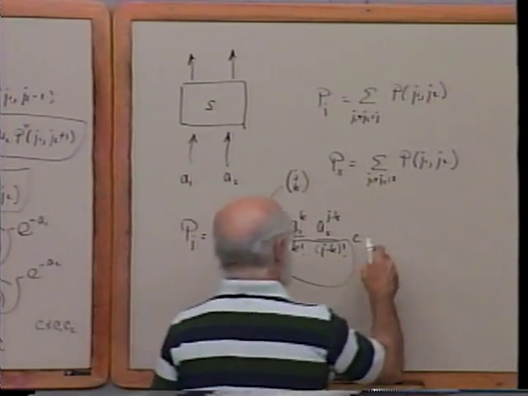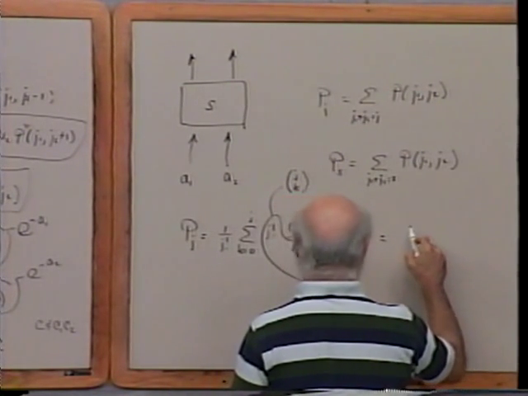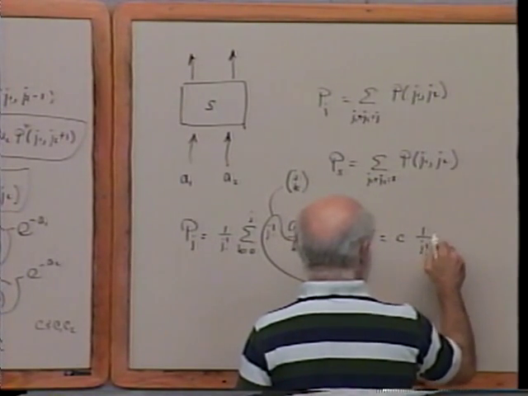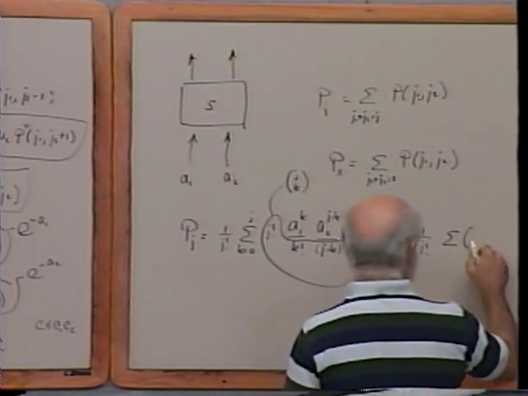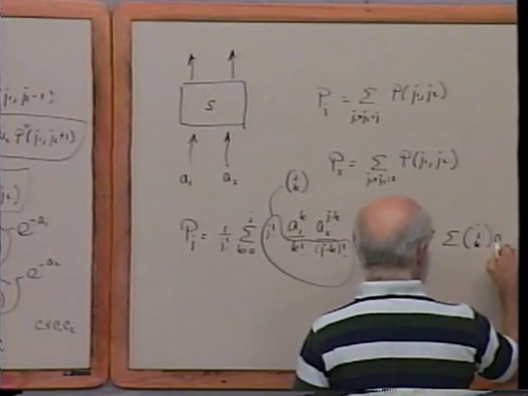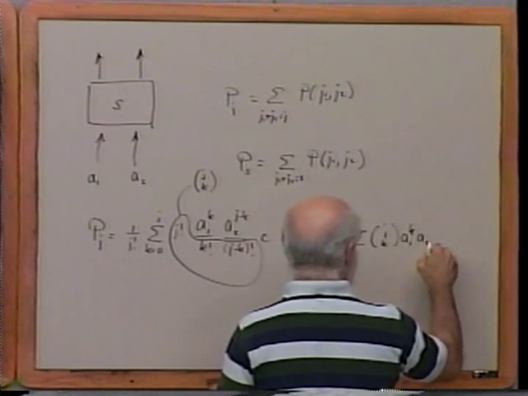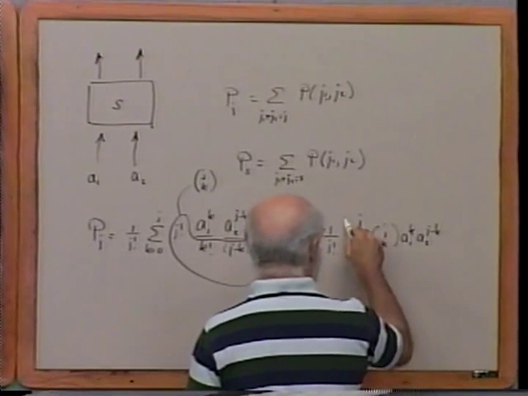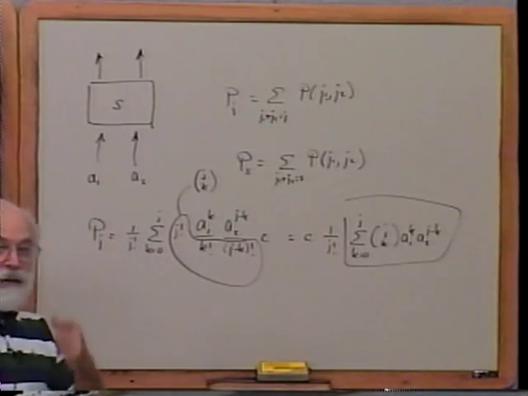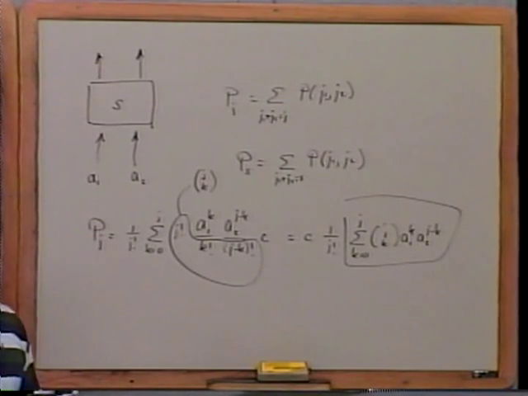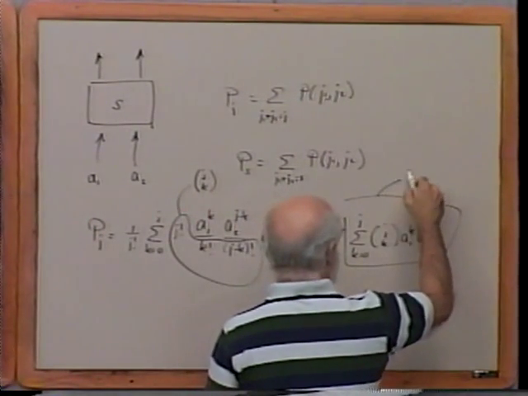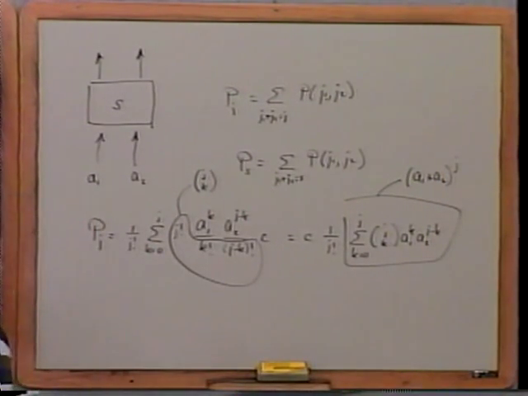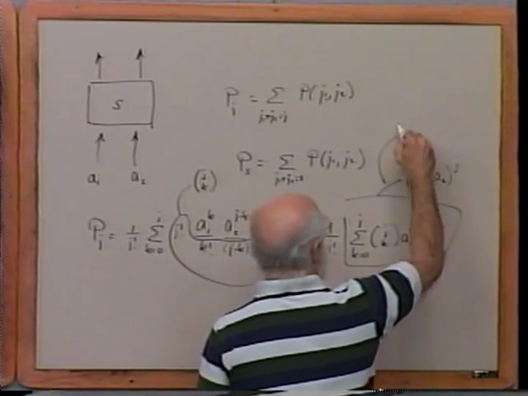So with that observation, it should become obvious, because what I'm left with is c times 1 over j factorial times the sum of j choose k, A1 to the k, A2 to the j minus k, as k runs from 0 to j. Anybody recognize this sum? Right, that's just the binomial expansion of A1 plus A2 to the j. OK, it's by the binomial theorem.